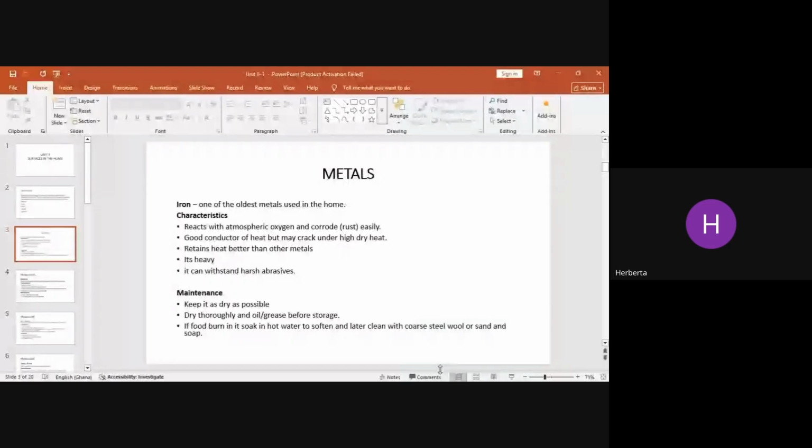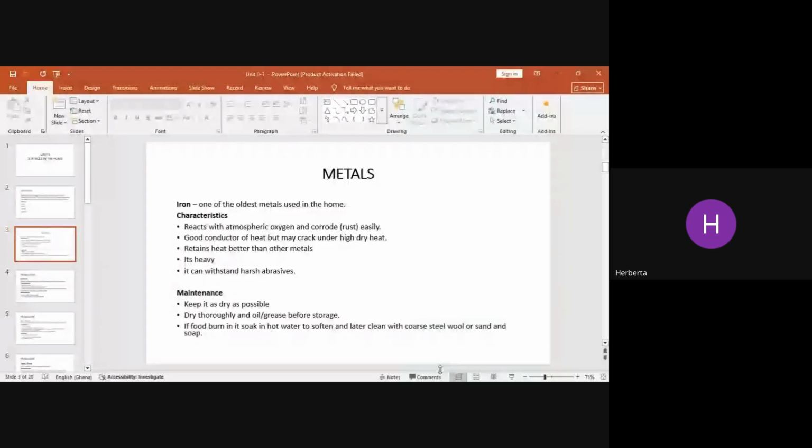If you have iron, how do you care for and maintain it? Since it has the characteristic of reacting with oxygen, if you leave it bare, it will rust.